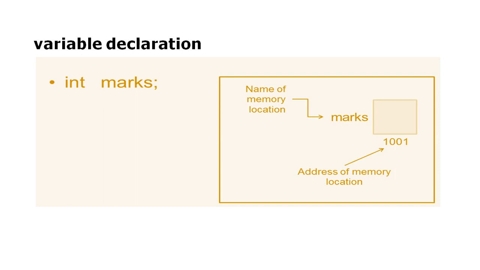For each and every location in the memory, there is an address. Without an address, how would the compiler find the memory location to store or to retrieve a value?